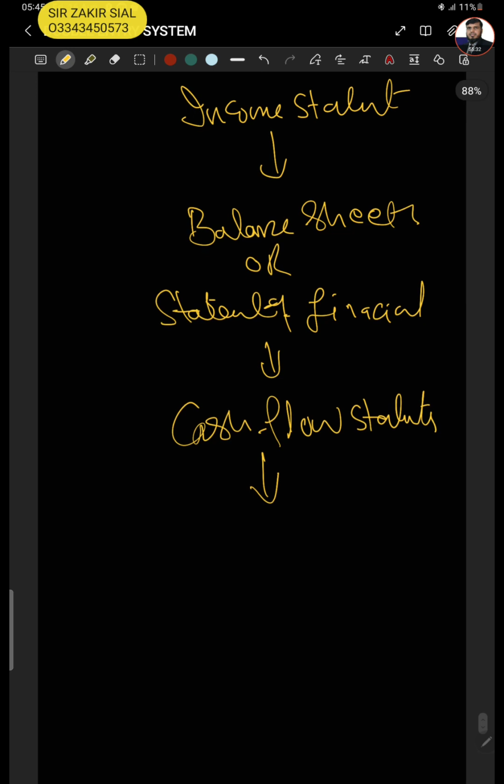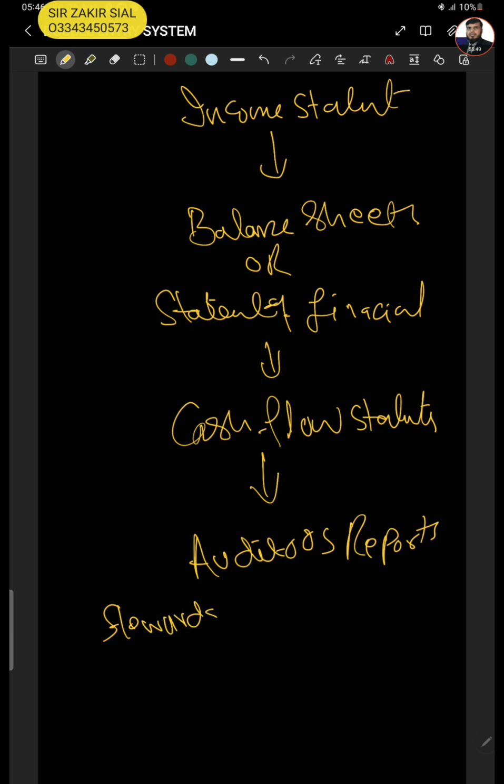Then auditors reports, also called stewardship report, directors reports.